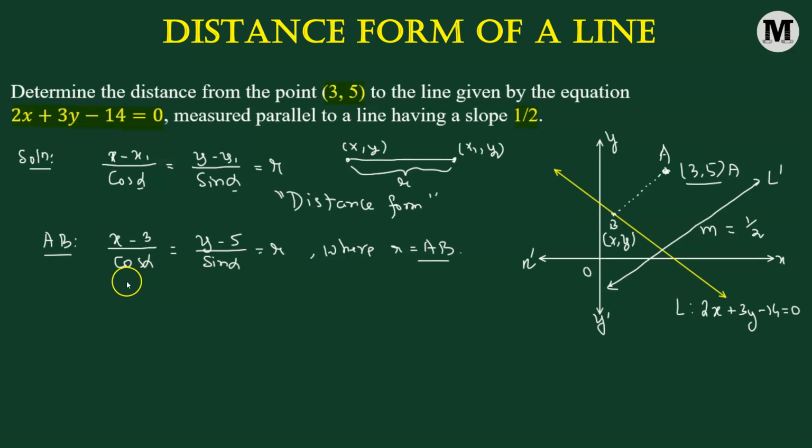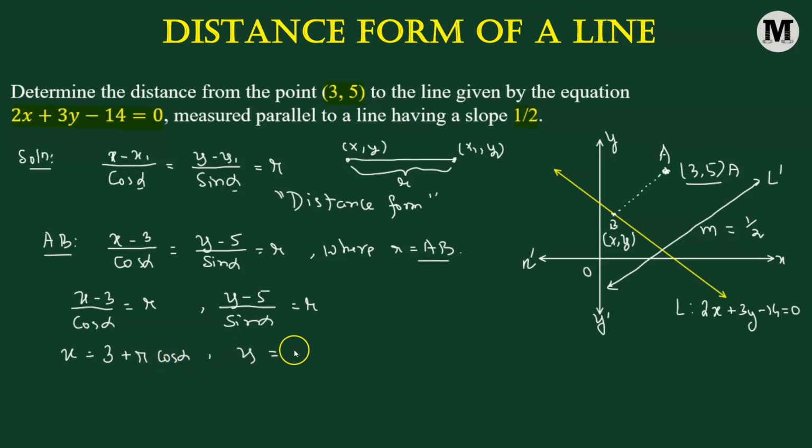Now in the next step, we can rewrite the equation as (x - 3)/cos α = r. Also, (y - 5)/sin α = r as well. So that means x can be expressed as 3 + r cos α, and y becomes 5 + r sin α.